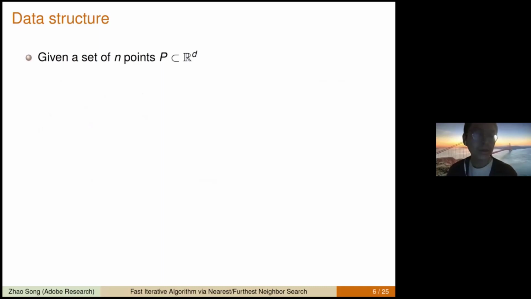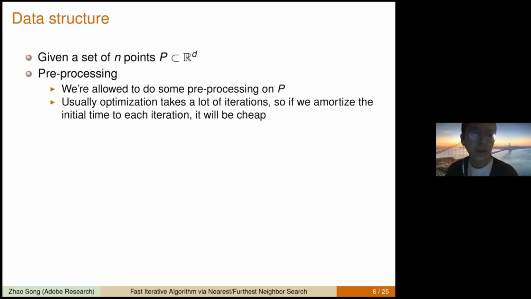Here is the concrete math definition. Given n points set P in R^d, say we are allowed some pre-processing on P. The reason we are allowed to do pre-processing is that an optimization algorithm usually takes a large number of iterations, so if we amortize the initial time over each iteration, it is very cheap. Therefore, we don't need to worry if we spend too much on pre-processing.